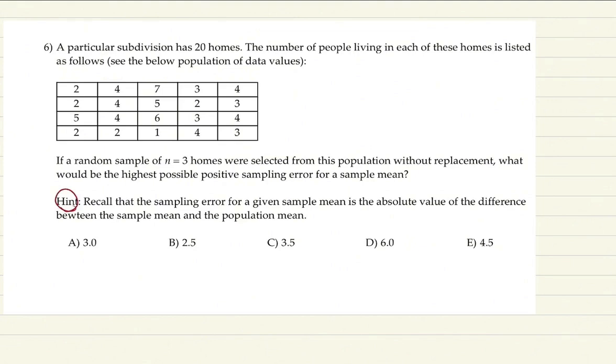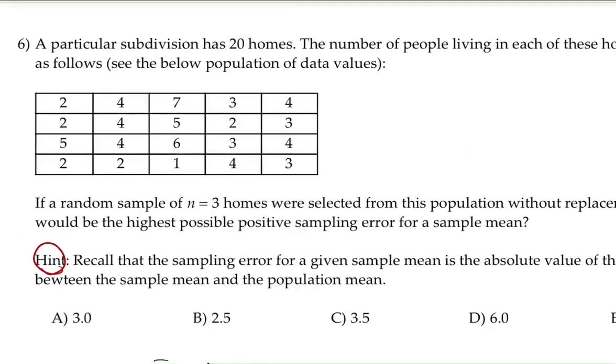Recall that the sampling error for a given sample mean is the absolute value of the difference between the sample mean and the population mean.